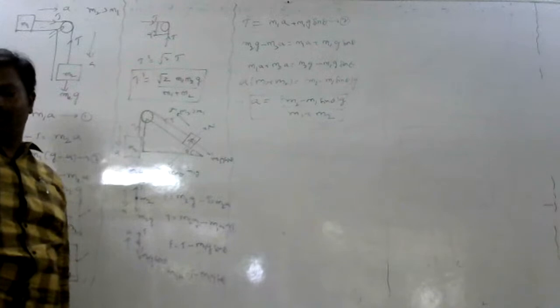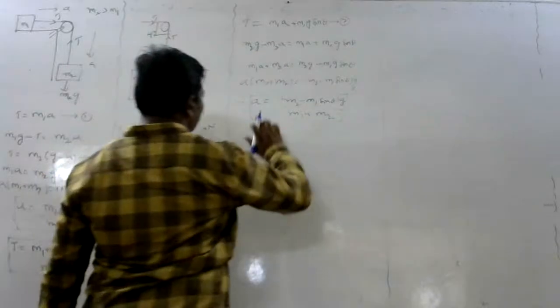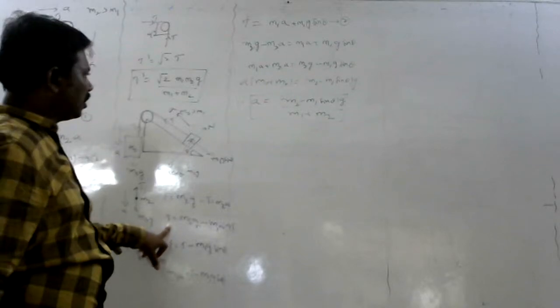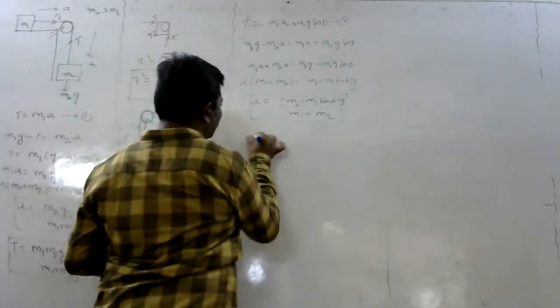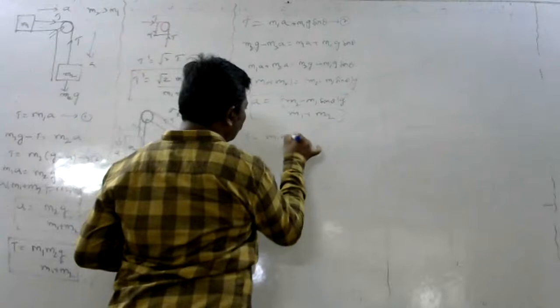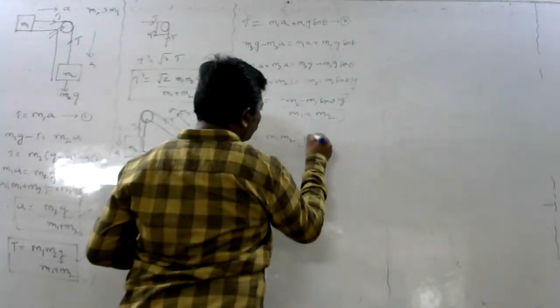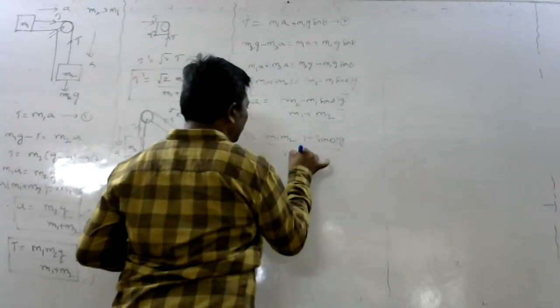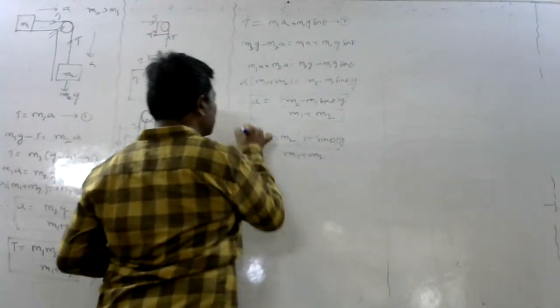Acceleration a is equal to m2 minus m1 sin theta into g by m1 plus m2, and now the tension in the string. This acceleration a is substituted in equation 1. We get tension T is equal to m1 m2 into 1 plus sin theta into g by m1 plus m2.